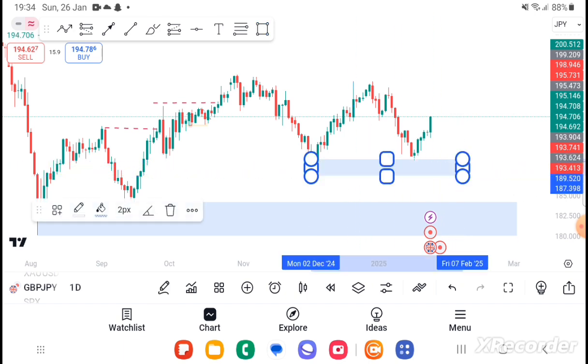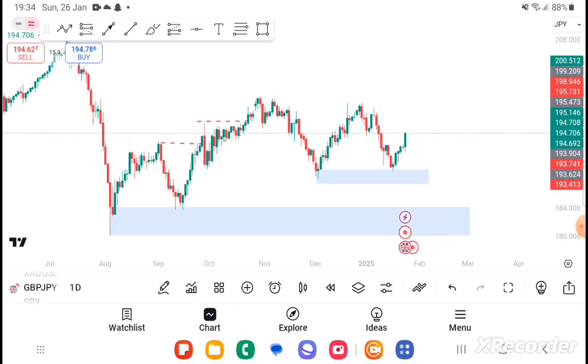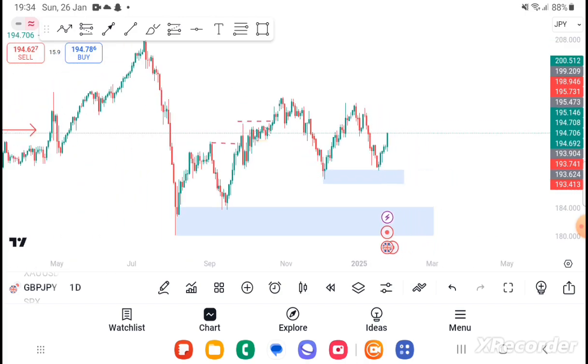Okay, so this is the daily time frame. At this point, we could say that this order block has been used. We want to see whether this high has also been used. Okay, let me use this one.